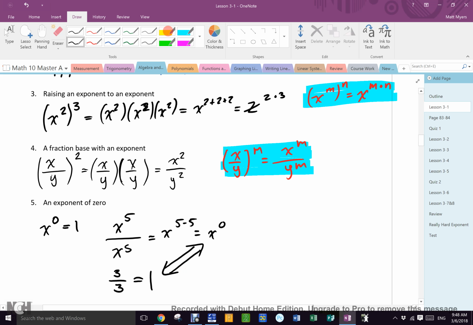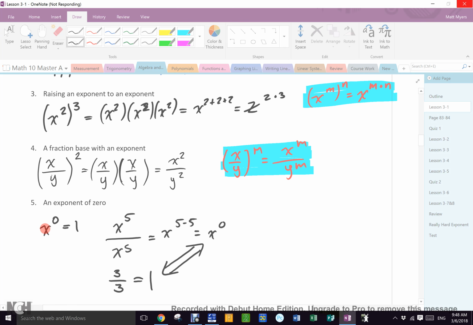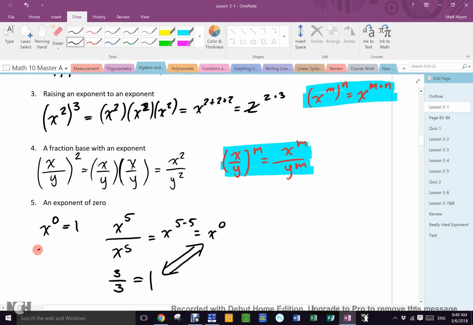But there's a warning here, because remember, every other exponent rule applies. What is the base here? X. So x to the 0 is 1, correct? Okay. Then what is the base here?